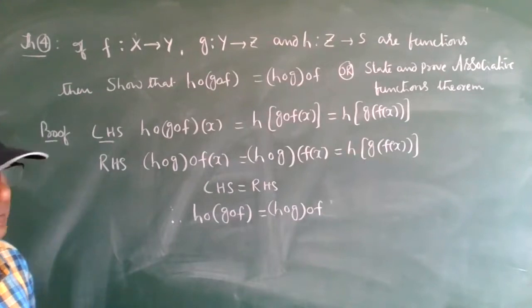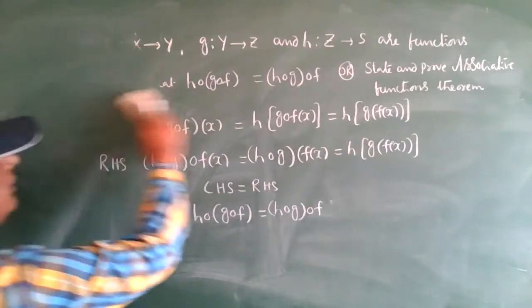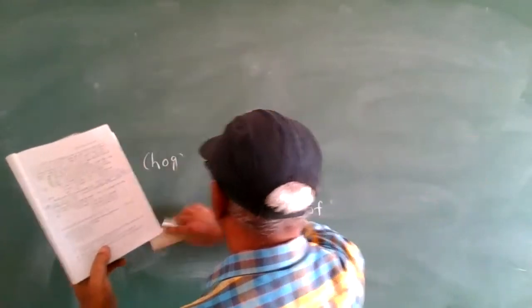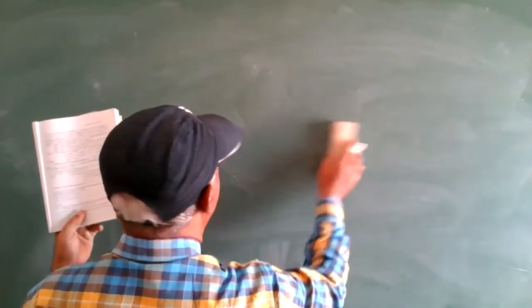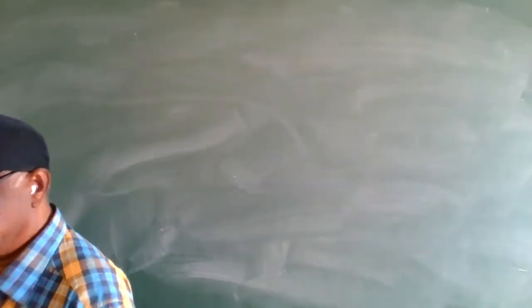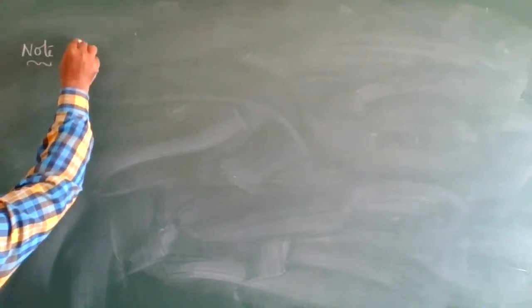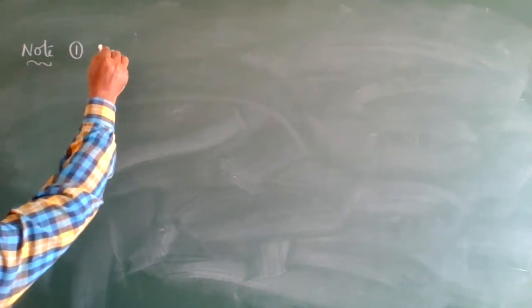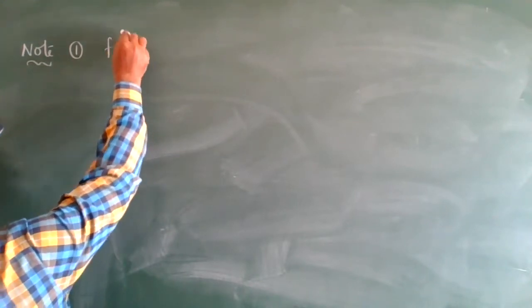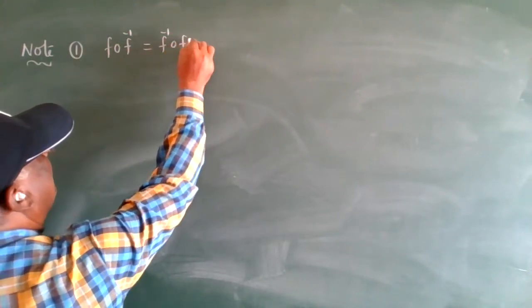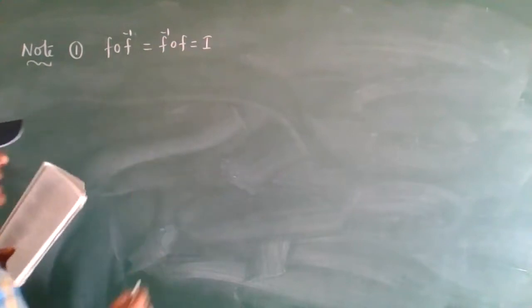Theorem number 5. Before theorem number 5, write down two note points. The first note point is F circle F inverse is equal to F inverse circle F is equal to identity.